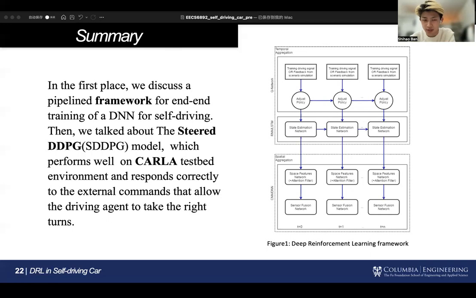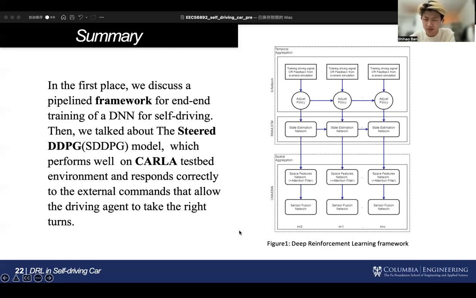But I think it's not enough, right? I have to test it in an environment nearer to real life. So we talked about the SDDPG model, which performs well on the CARLA testbed environment and responds correctly to the external command that allows the driving agent to take the right turn.